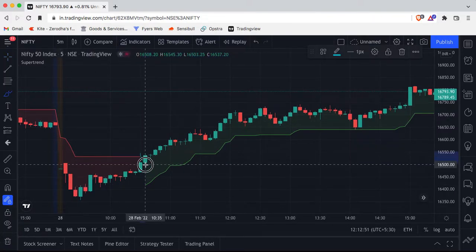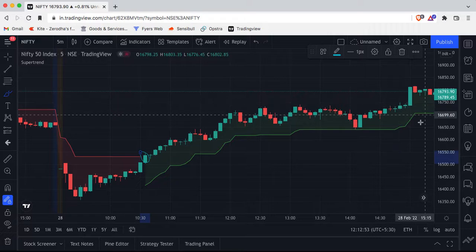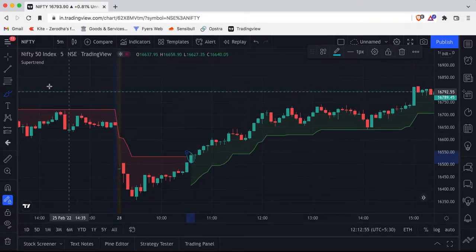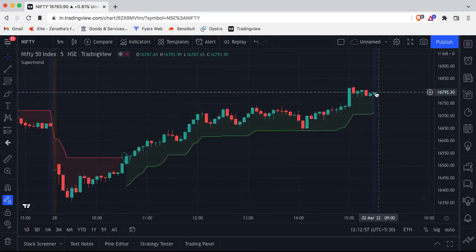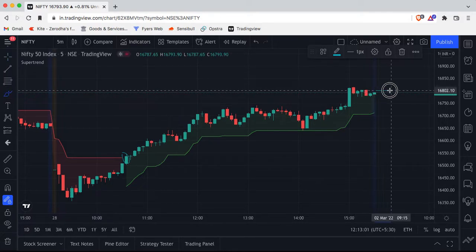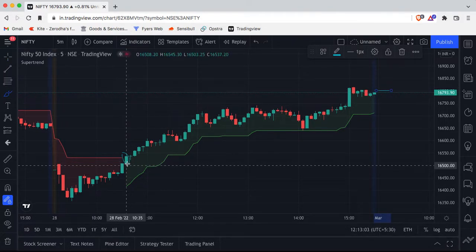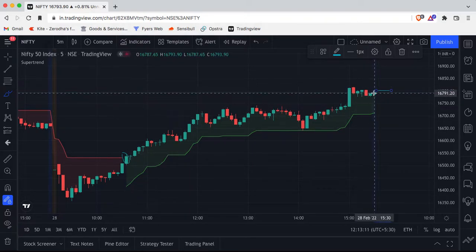takes a position here and closes his position somewhere here, it's a profit. Let's say at this candle he takes the position at 16,500 and closes at around 16,800, which is 300 points.